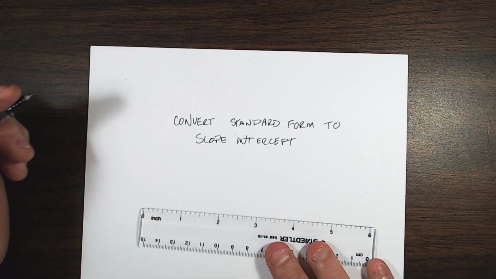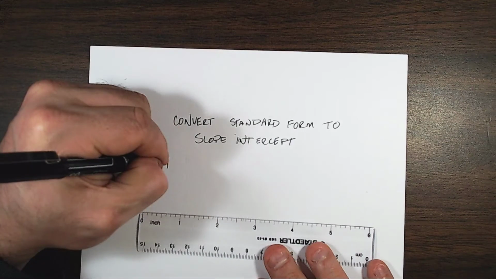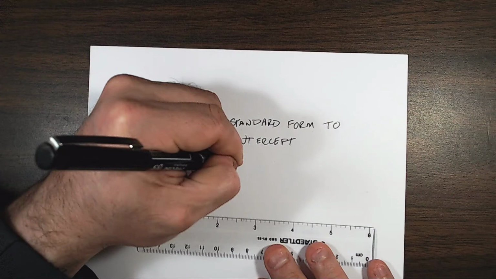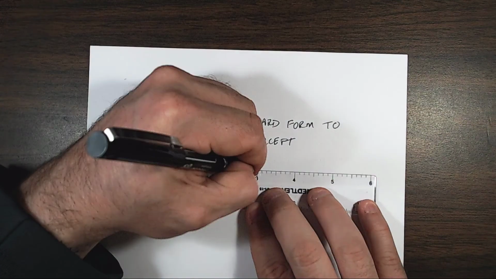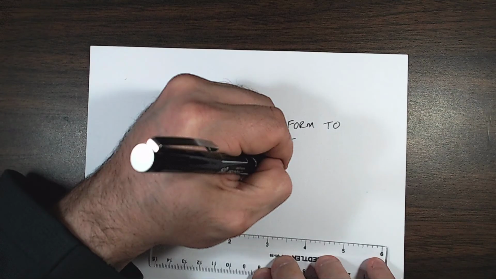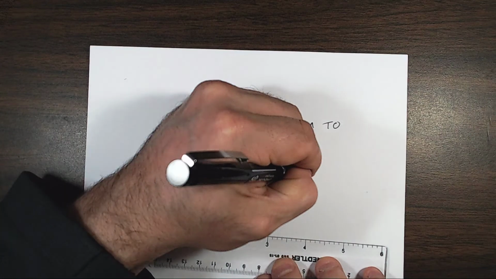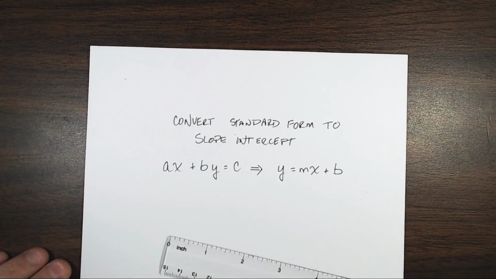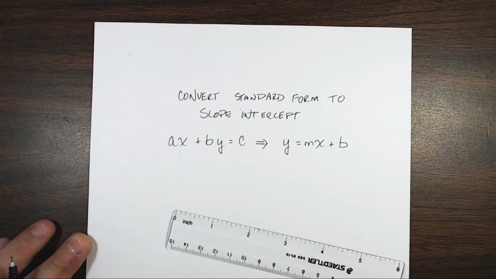I want to go from ax plus by equals c, and convert to y equals mx plus b. That's what I want to do. And you say, well, how the heck do I do that? Well, let me show you. Let's do a real example.